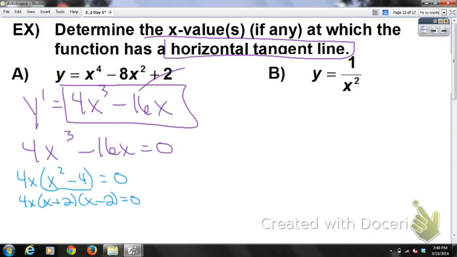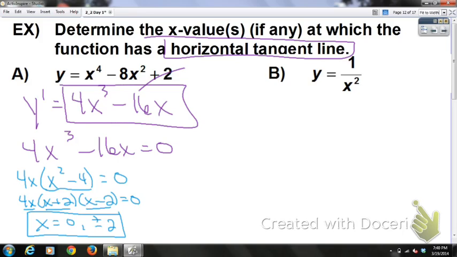So in order for a product to equal 0, at least one of our factors must be equal to 0. So either 4x equals 0, x plus 2 equals 0, or x minus 2 equals 0. So those specific x values would be x equals 0, or positive or negative 2, in order for our derivative to be equal to 0.